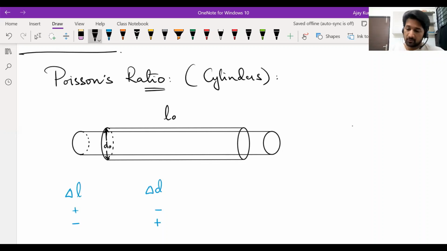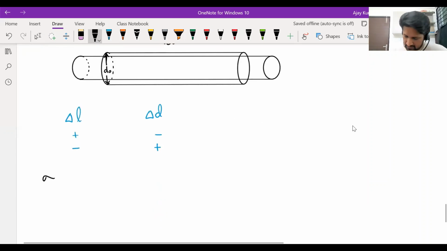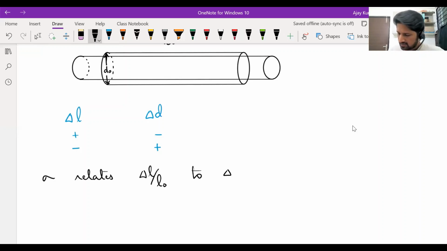The Poisson's ratio of a material, it's given for a material actually, denoted by the symbol sigma. It relates relative change in length to the relative change in the diameter. Simple.